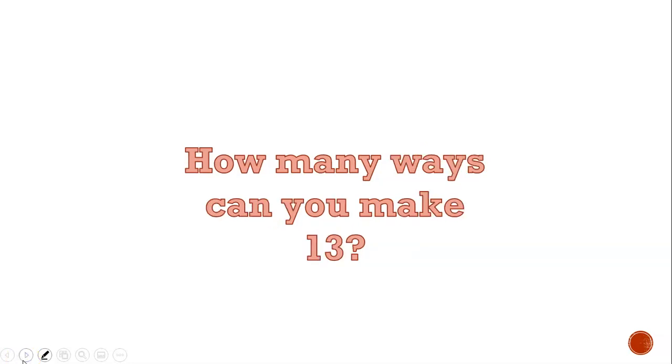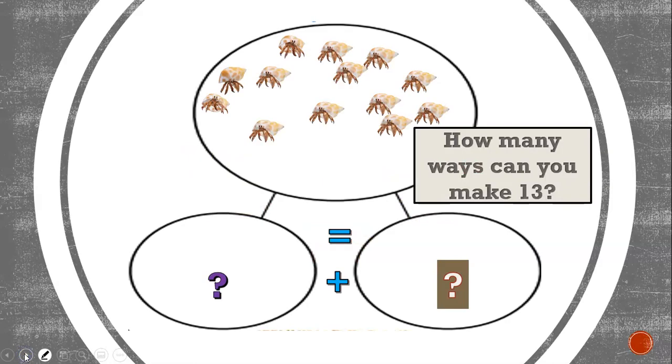Now, how many ways can you make 13? Miss Horne has a picture of 13 hermit crabs. How many ways can you make 13? With your family and siblings, come up with a way to make 13. Somebody said 3 and 10.